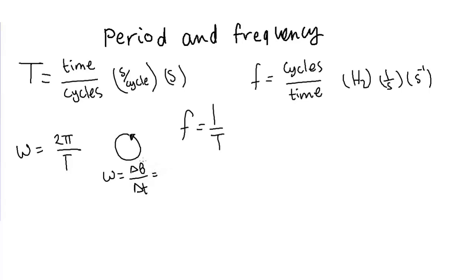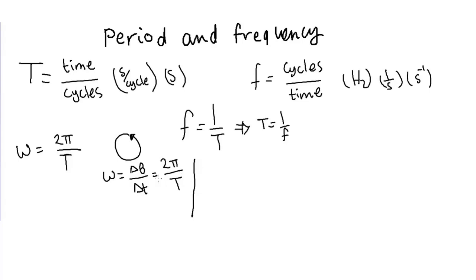In this case, delta theta, in the case of one complete rotation, will be 2 pi. And the time it takes to make this one complete rotation is the period, T. So omega equals 2 pi divided by T. Also for frequency, f equals 1 over T and T equals 1 over f.